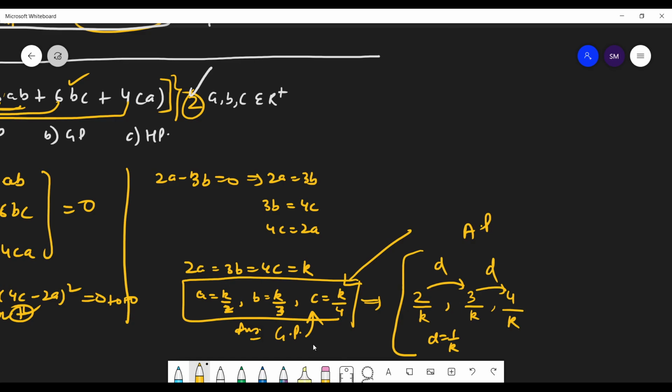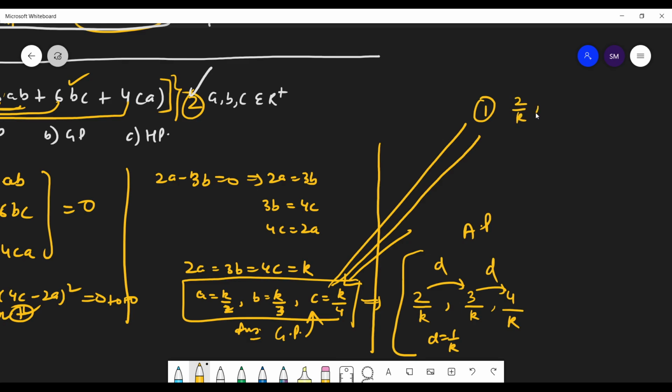GP or HP? अरे आंसर तो यहां आ गया ना हमारा, पर हम समझ तो नहीं पा रहे ये एबीसी का मीनिंग क्या है। एबीसी को समझने के लिए ये जीपी है, राइट, लेकिन इसको समझने के लिए जीपी है तो मुझे दो चीज प्रूव करनी पड़ेगी। There are two ways to prove that this is GP. First thing, 2 by k that I have done, 3 by k and 4 by k are in AP. Either prove this, which I have proved, or prove that B is the harmonic mean. Two things, otherwise how will you prove this is GP, tell me.